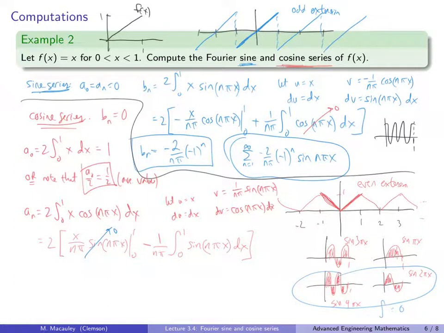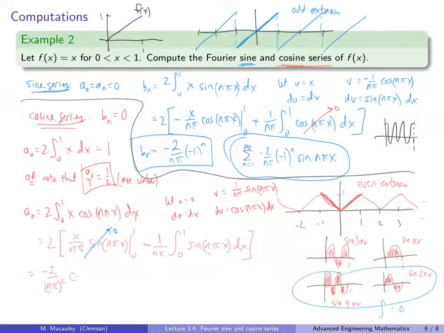So let's integrate this. Let's bring the 2 inside, doesn't matter. I'm going to write this as negative 2 over n pi, and now we're going to integrate this. We get a cosine, and we divide by n pi again, so 2 over n pi quantity squared.